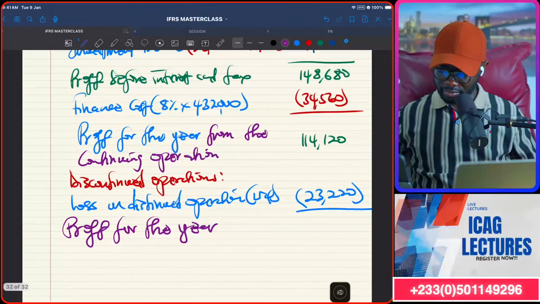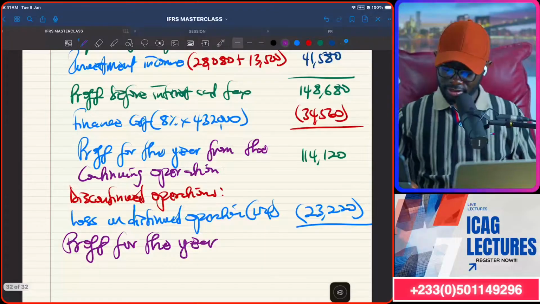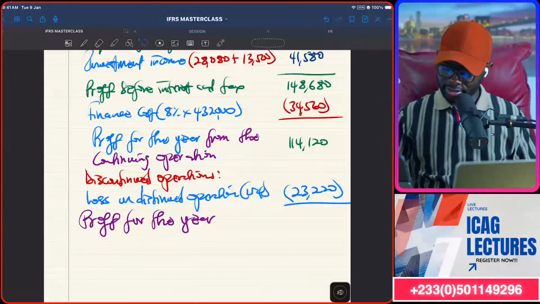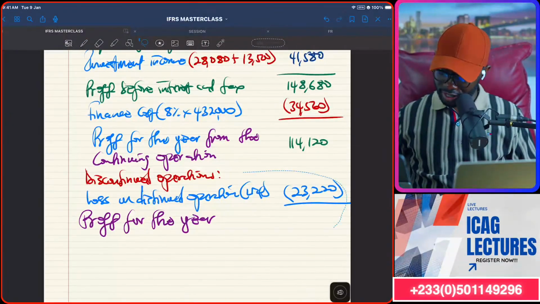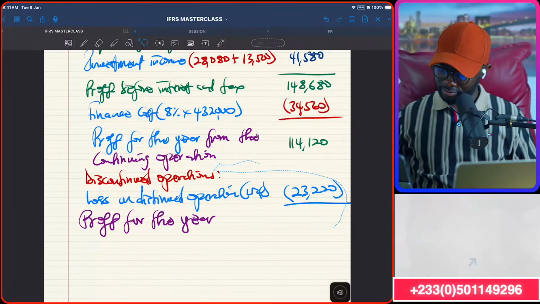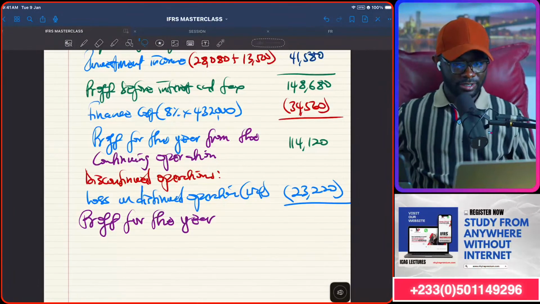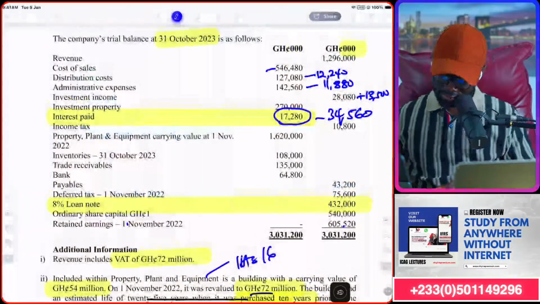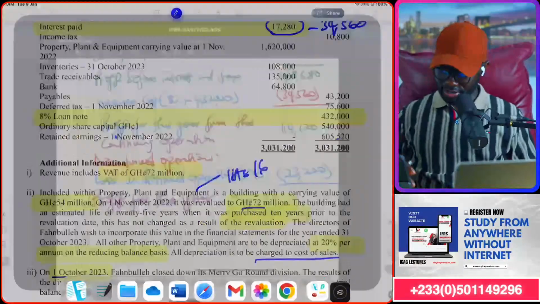I've not brought income tax. Give me a sec. I've not brought income tax. So in any case, how can I forget that? Because we did income tax.